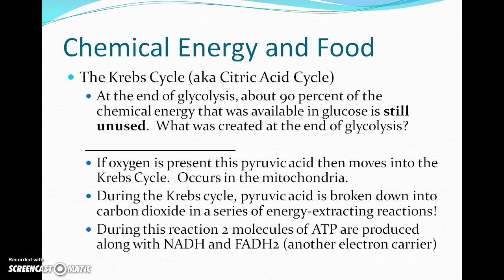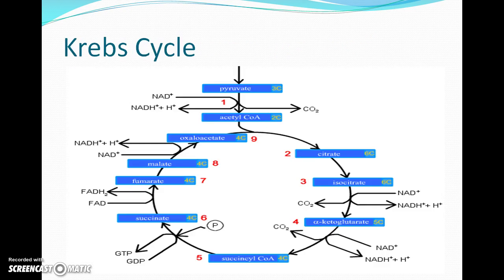At the end of glycolysis, we made pyruvic acid, which goes in this blank space. If oxygen is present, then this pyruvic acid goes into the Krebs cycle, which happens in the mitochondria. During the Krebs cycle, that pyruvic acid is further broken down into carbon dioxide. We also get 2 more molecules of ATP, and we get all of these electron carriers filling up, NADH and FADH2. These are both electron carriers, just like the NADPH.